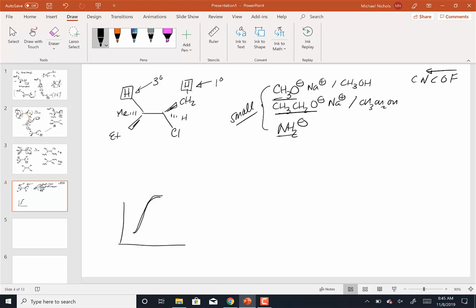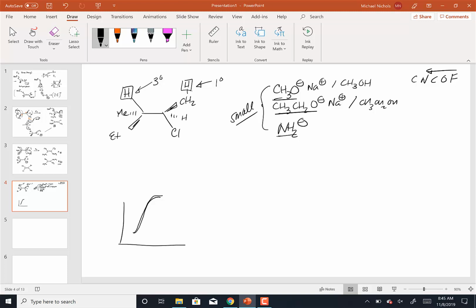There's not going to be much difference because it's a small base. And so the mechanism isn't going to favor the lower energy transition state. And what that means is that these small bases can grab either one of the two hydrogens.